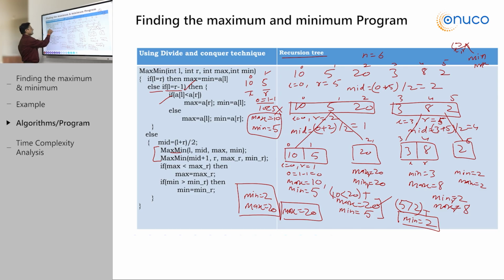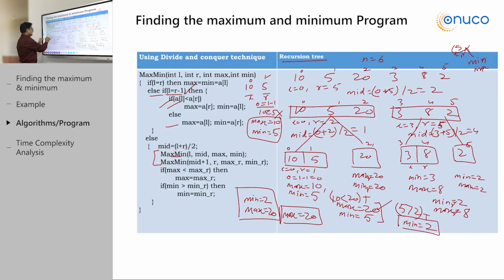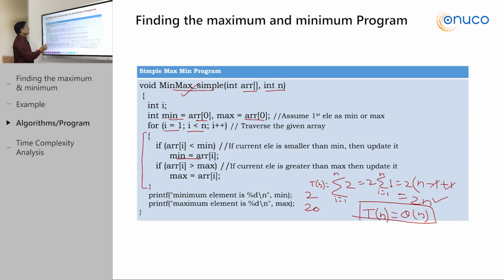Either it will go in this case or it will go in this case. So for n is equal to 2, we have 1. When n is greater than 2, what will happen? 2T(n/2), for dividing the array into two parts: left recursion and right recursion.